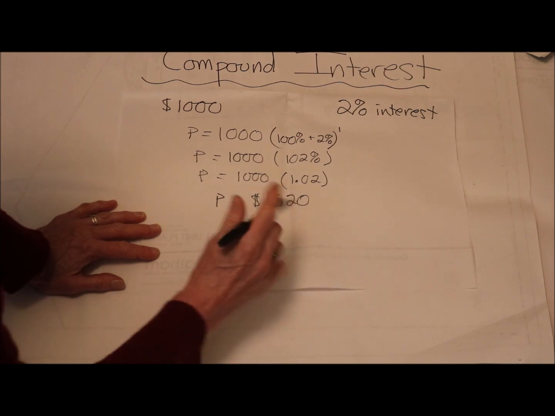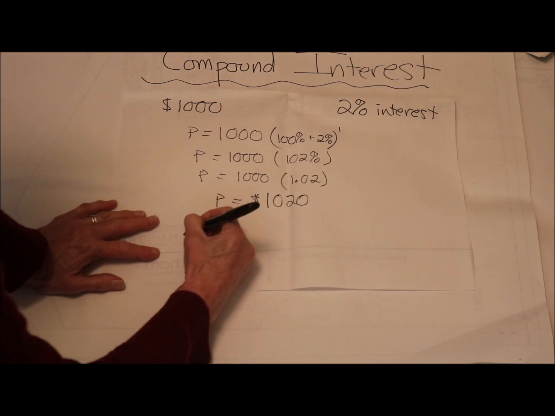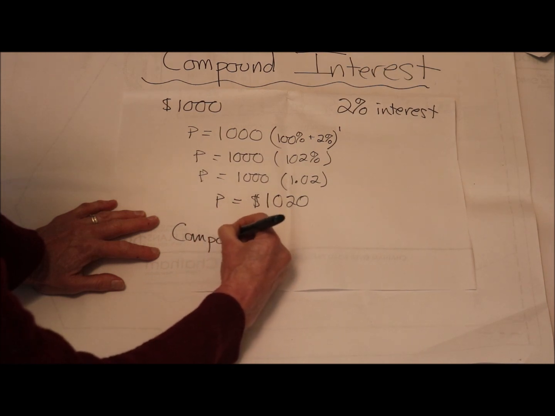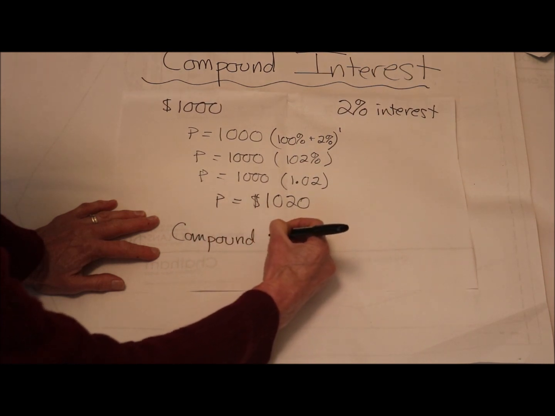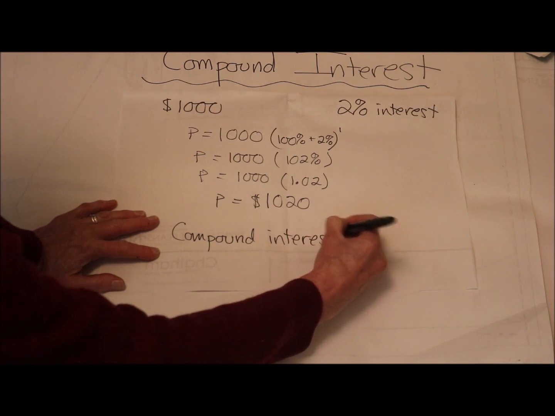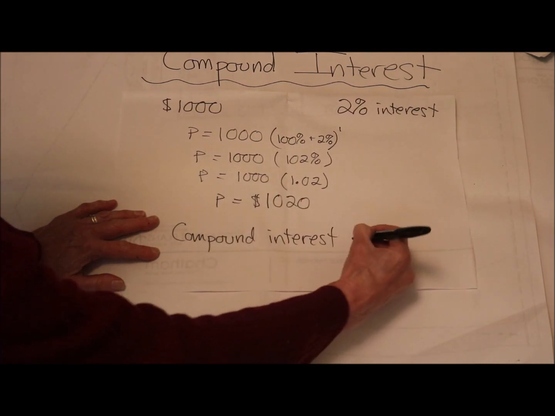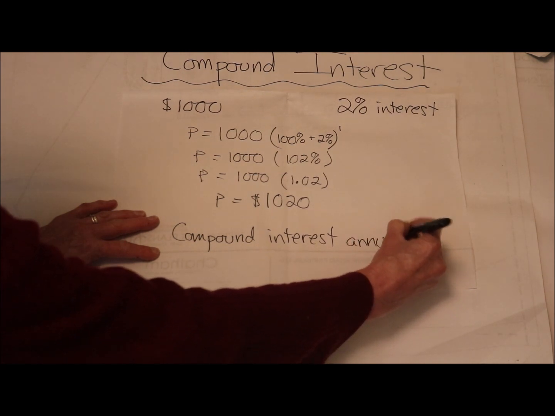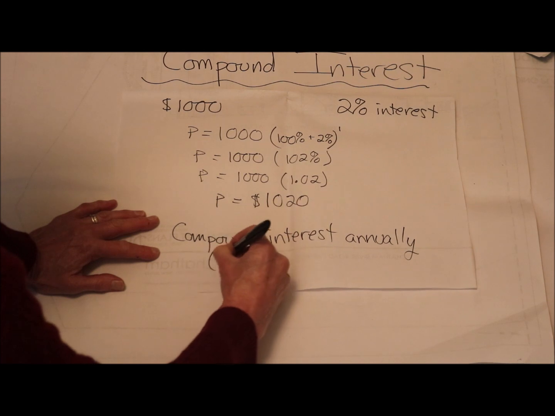So this would be if I figured out the interest, and the word for figuring that out that they usually use is compound. So they compounded the interest, which means they put the interest in your account once a year or annually. So that's once per year.